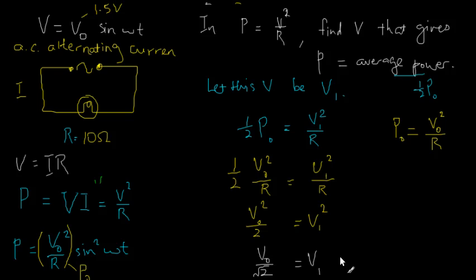And this gives us the voltage which would give the average power in this formula. You can think of it as if I replace the alternating current by, say, a battery that gives a direct current, then this is the voltage of a battery that I would need to give the same power or same brightness in the light bulb, in that sense.